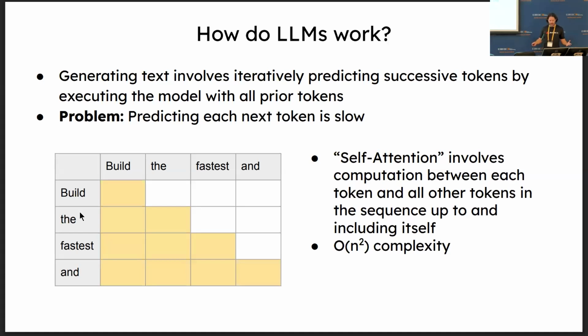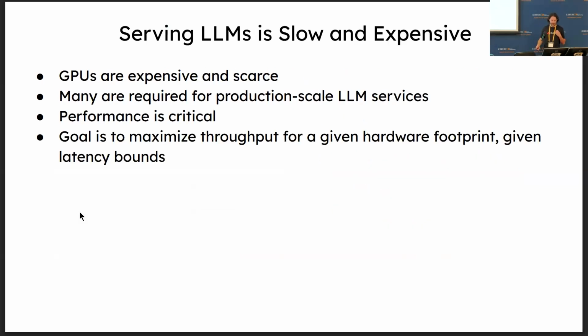Part of the reason for this is that the key part of how it computes the next token is using this attention mechanism, which you've probably heard of. That involves doing computation between each token and all of the other tokens that precede it. So as the tokens increase, this is order n squared complexity, and this is for each new token it's adding. So that's the first problem.